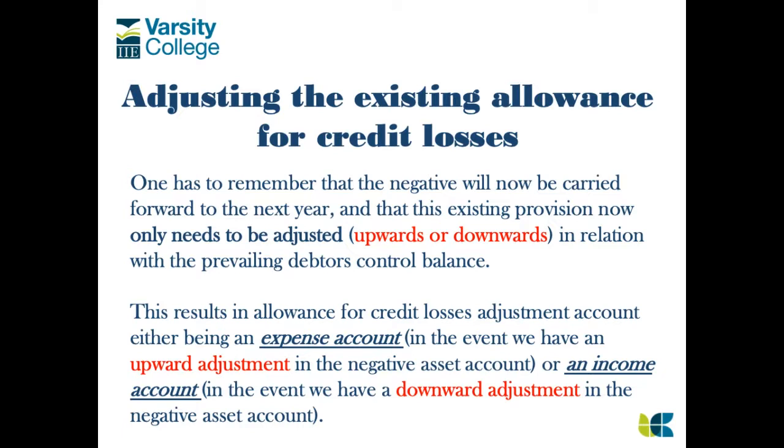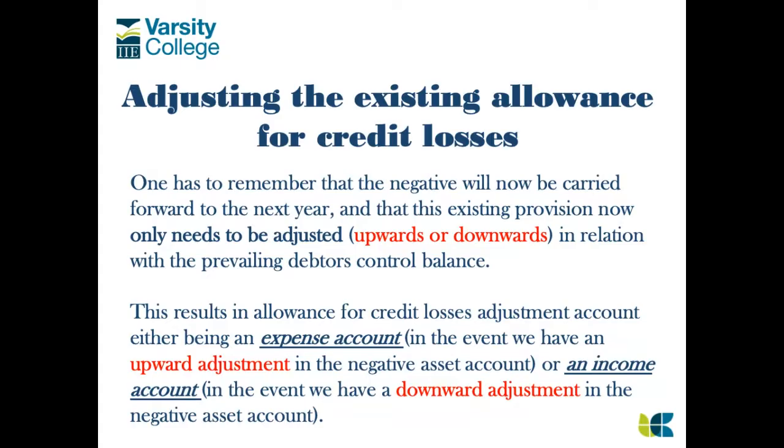Now, here's the other thing. We might actually be adjusting downwards. We might actually be saying, you know what, this year is even worse than last year. We anticipate that we're going to have a 750,000 loss in terms of people paying us back as debtors. Okay? So now we need to adjust this allowance downwards. Does that make sense?